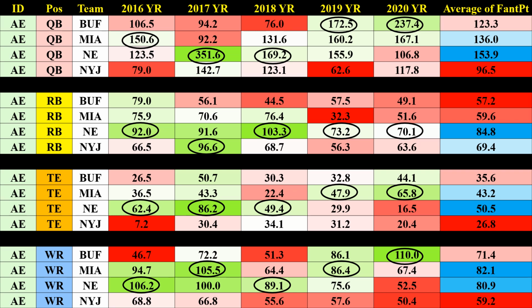I'm not sure we're going to see much of a change in that ranking. But there it is. Looking at the running backs, New England has dominated for the 5 years. And there's probably no reason to think they won't do well again this year. So even though they lost Brady, they've still maintained a good rushing game within the conference.